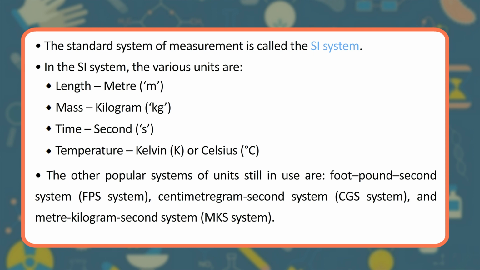In the SI system, the various units are length, meter, m, mass, kilogram, kg, time, second, temperature, Kelvin, K, or Celsius, degree Celsius. The other popular systems of units still in use are foot-pound-second system, FPS system, centimeter-gram-second system, CGS system, and meter-kilogram-second system, MK system.